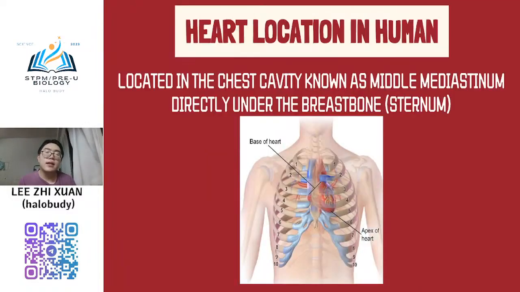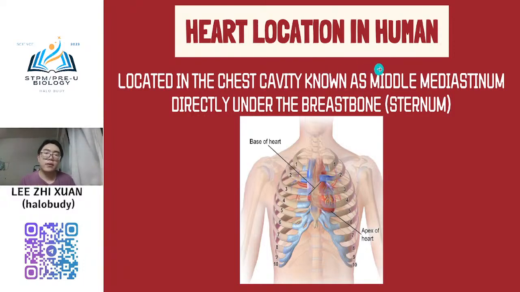And then secondly is about the location. I think everyone knows that, in general, our heart location is on the left hand side, right? In general, almost all humans, but there are also several rare cases where the heart location is on the right hand side.